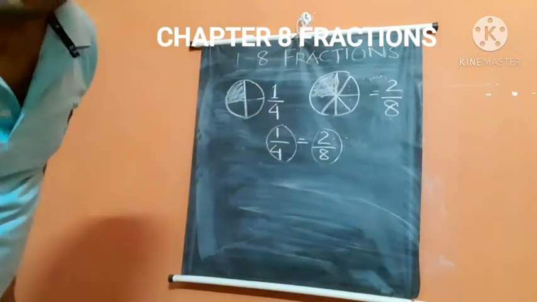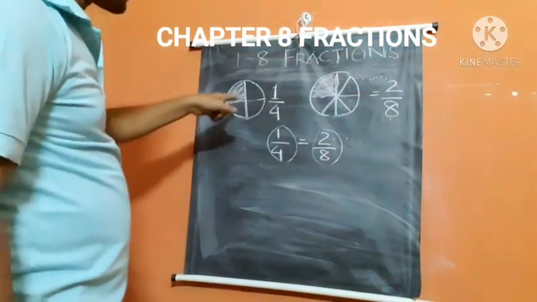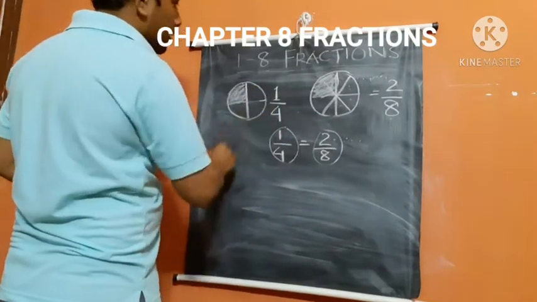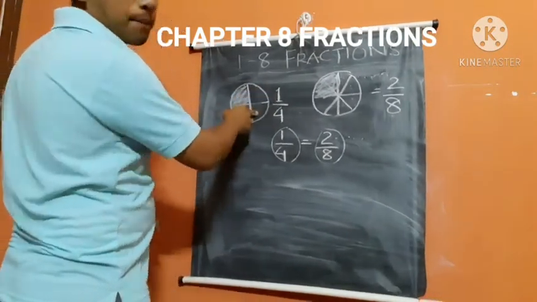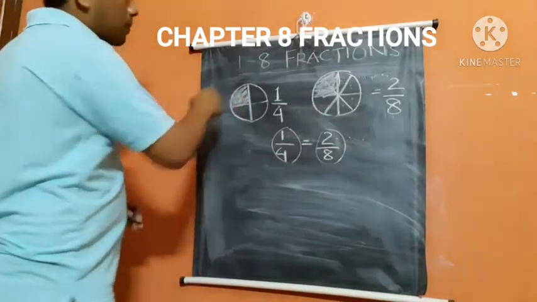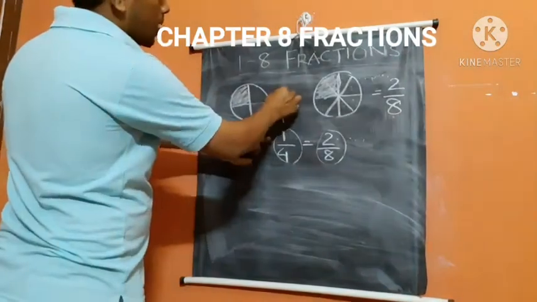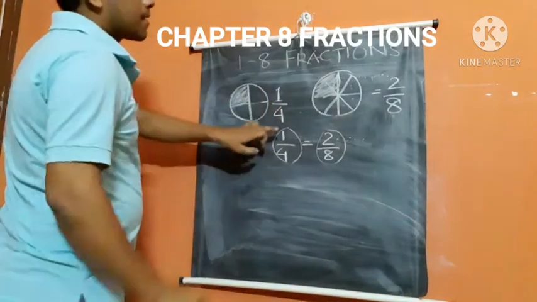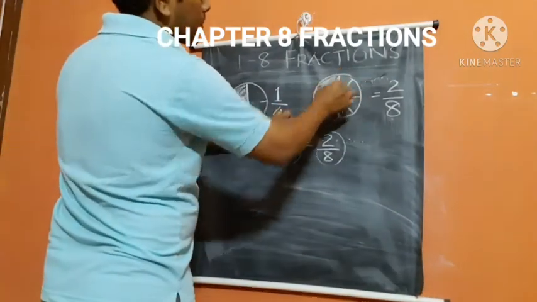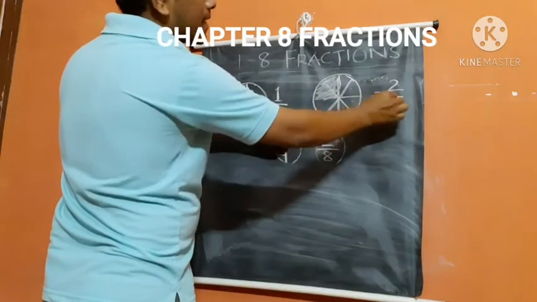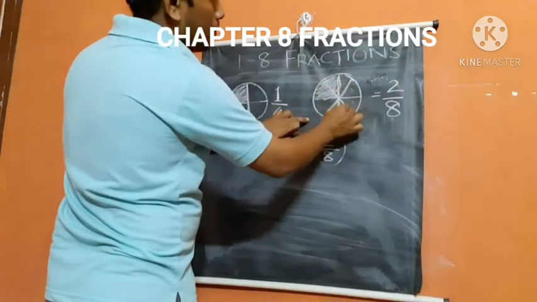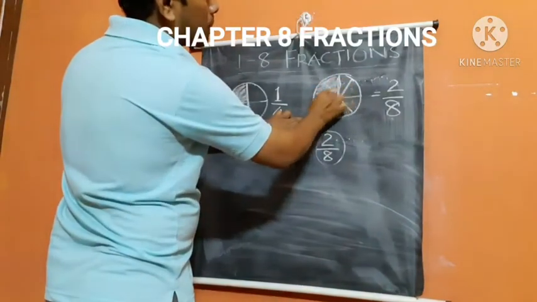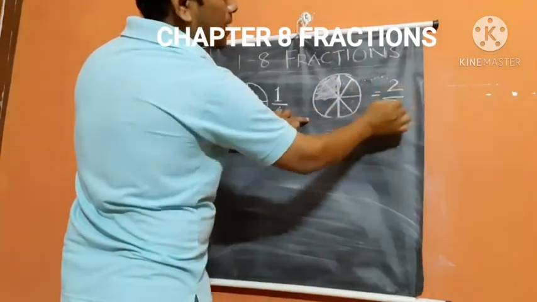Next example, you can find out what it is. Suppose I have made a circle here and divided it into 4 equal parts, and I have shaded one part of that. How can we write that? 1 by 4, that is 1 out of 4 I have shaded. Here I have taken the same circle and divided it into 8 equal parts, 1, 2, 3, 4, 5, 6, 7, 8, and I have shaded 2 parts out of 8.